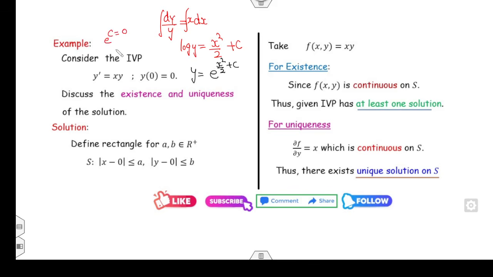So what is c? Can you find that solution? There is no value of c. Fine. Or I can say e raised to power x square by 2 times e raised to power c. Fine. So e raised to power c आपका 0 है, so your solution will be only the zero solution. That means y of x equal to 0 is the only solution, which is unique.